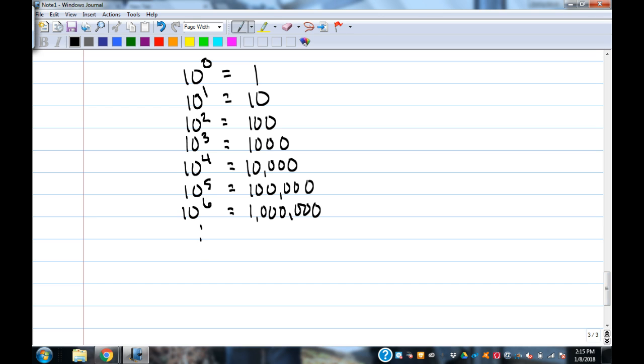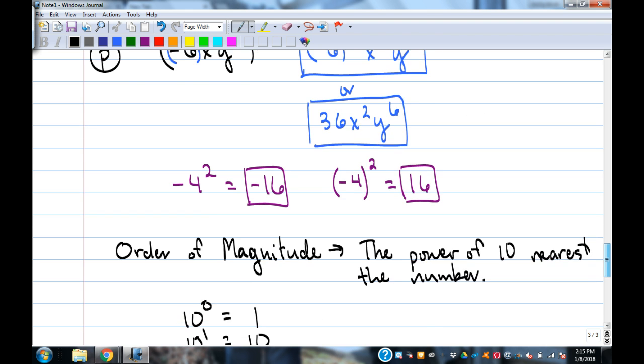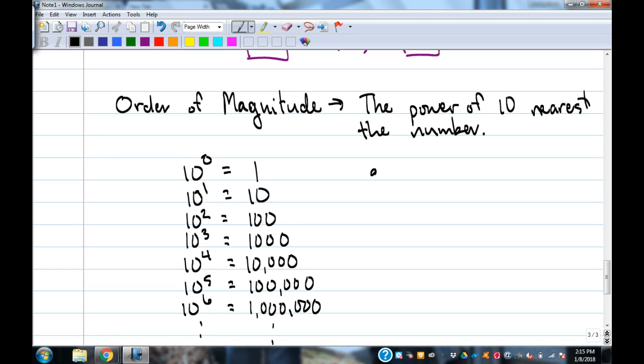What we're going to do is compare the number that they give us to which one of these it is closest to. And that's what we're going to get for a magnitude. Okay. So if I had, for example, the number 1,216, just a random number, which one of those is that closest to? 1,000.